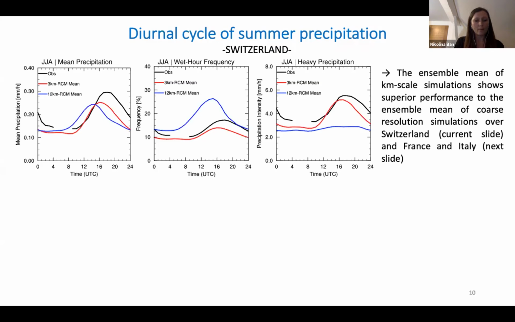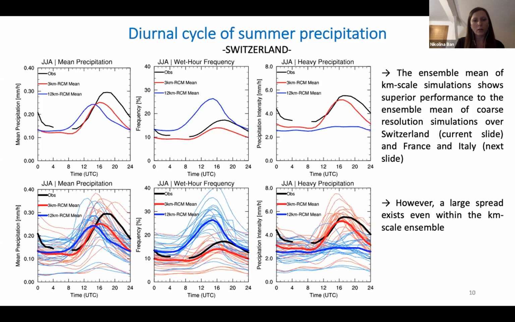And again, we can look into the spread between the models, and it tends to be a bit messy, but I think what we can see for this wet hour frequency and heavy precipitation is that these models tend to group together.